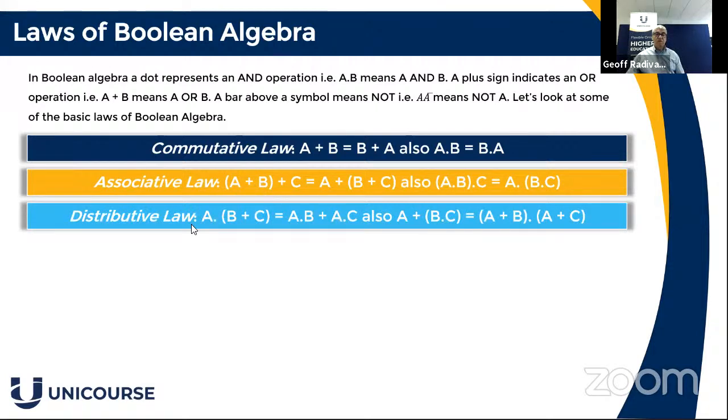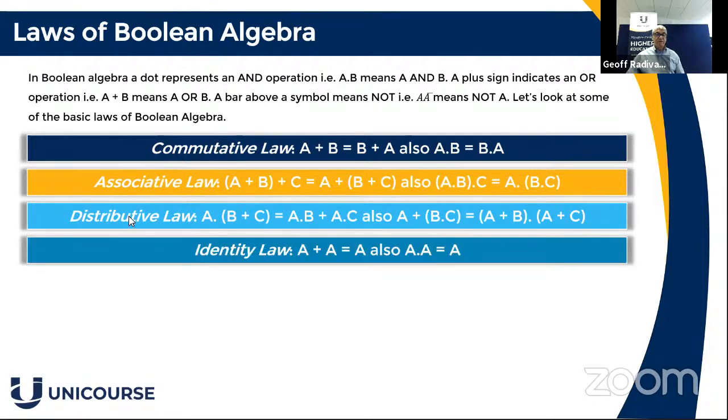This is the next law, and you can see here where we've got A dot, and the bracket B or C. These are very similar to what you use in maths, because if you take the brackets away, then you've just got A and B and A and C. And then you've got it here on this one, which is A or B dot C, and if we use the brackets in this way, we get this as well. And this is where we distribute the letters.